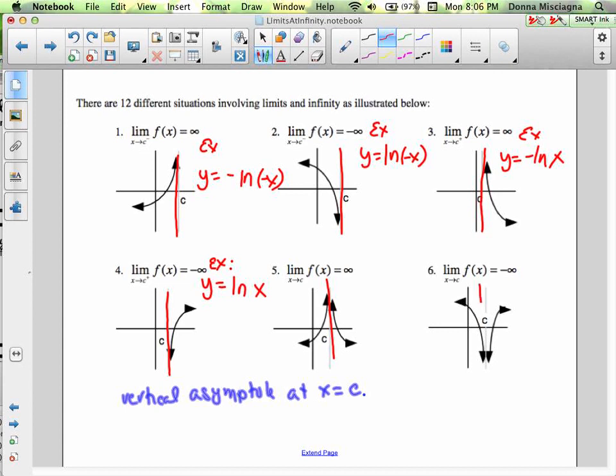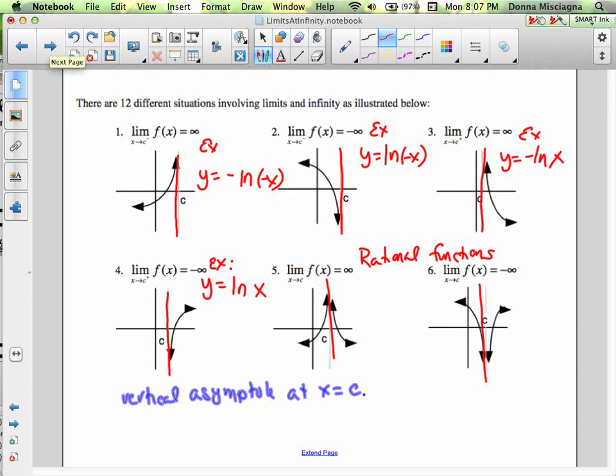All right, so here again is our vertical asymptote, and there are 2 different shapes. Both of these are going to be rational functions. And either the numerator or the denominator has to have something to an even power.